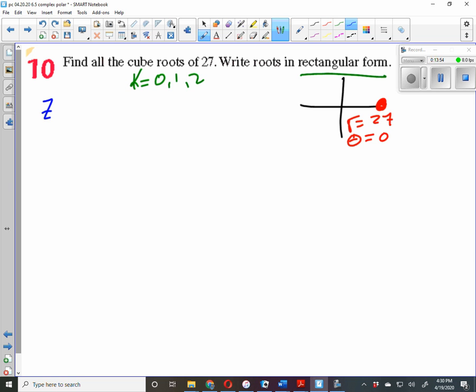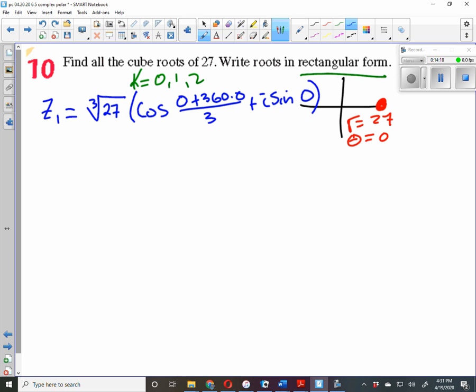So z sub 1 is equal to the cube root of 27 times cosine of (0 plus 360 times 0) all over 3, plus i sine 0, right?